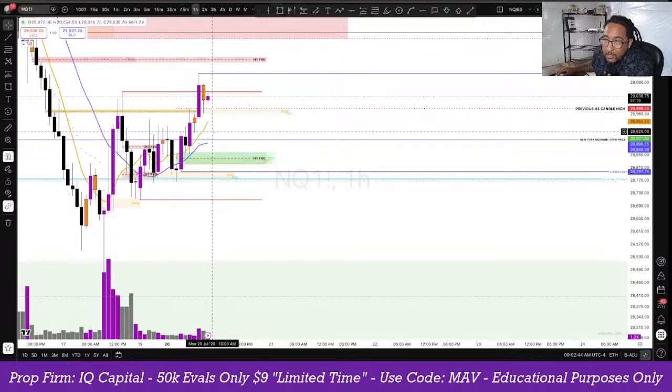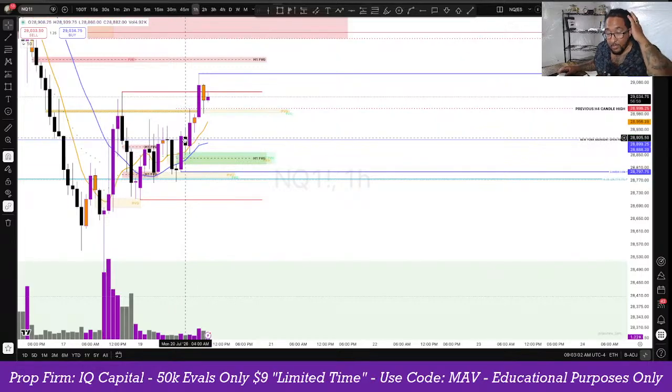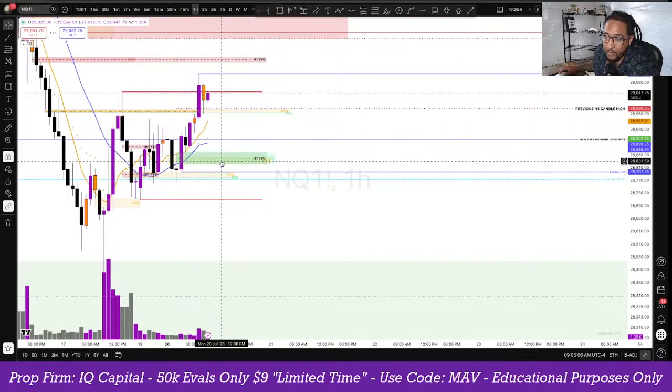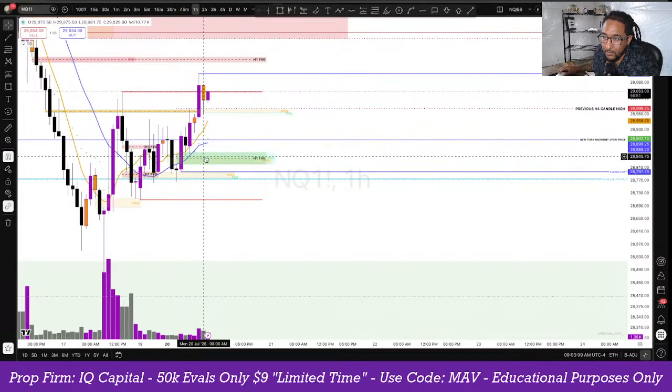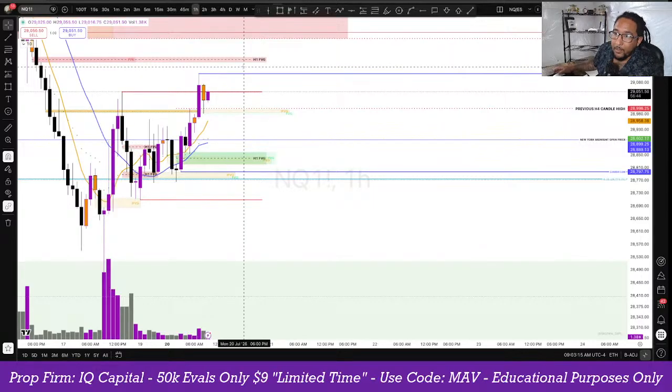So that would be good cause as to come down, and if we don't tap into this 1 hour again and sweep this low, at least tap into some of this bearish activity that was created there, which on the lower time frames would look like a bearish order block. But we could go as far down as to tap into consequent encroachment of this 1 hour fair value gap before heading up.